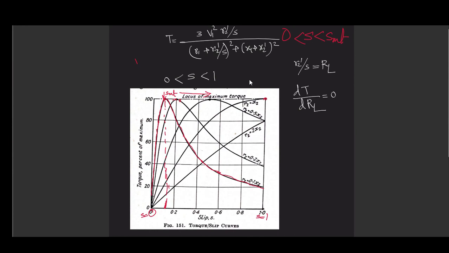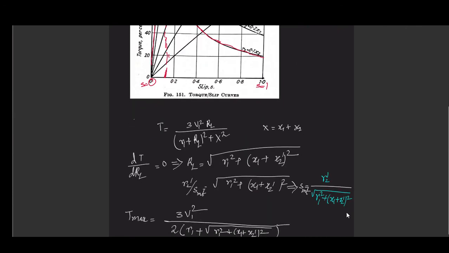So if S is less than this value, then this whole thing is like the slip. Try to understand this one clearly.